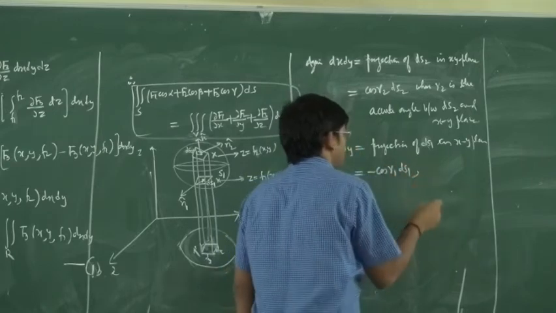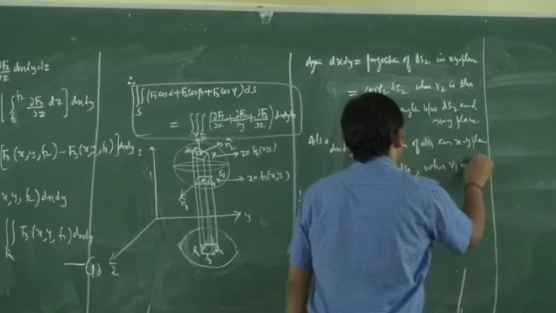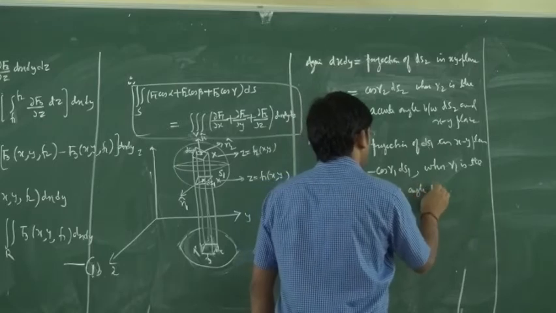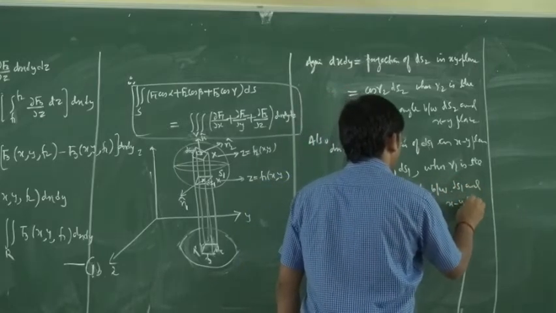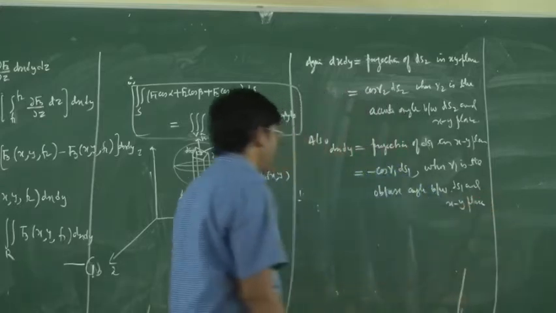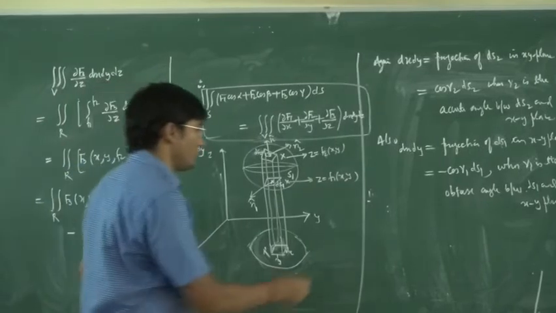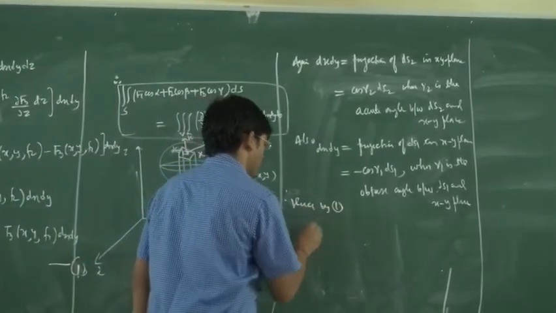Minus sign is taken because gamma 1 is the obtuse angle between dS1 and the xy plane. So we have the value of dx dy for both the integrals.